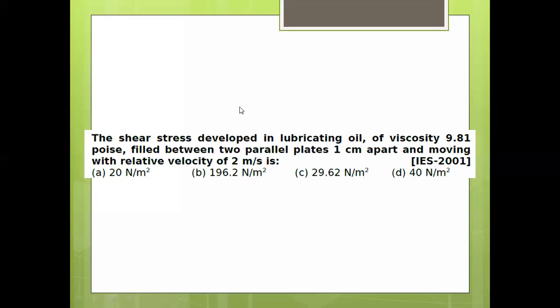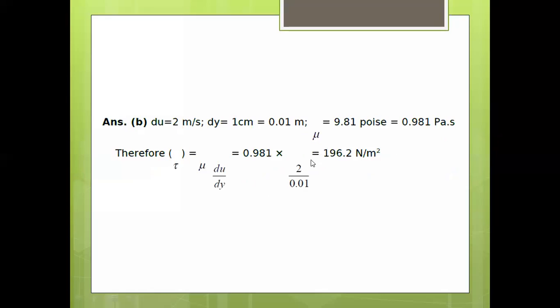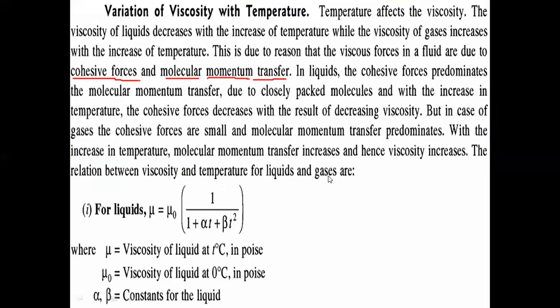So now let us move ahead. Is there any doubt to anyone how this problem is to be solved? If no one has any doubt, then we will move ahead. Option B, that is 196.2 Newton per meter square, is the correct answer.